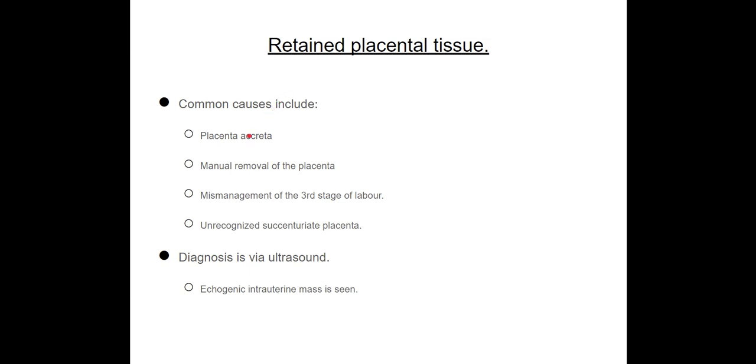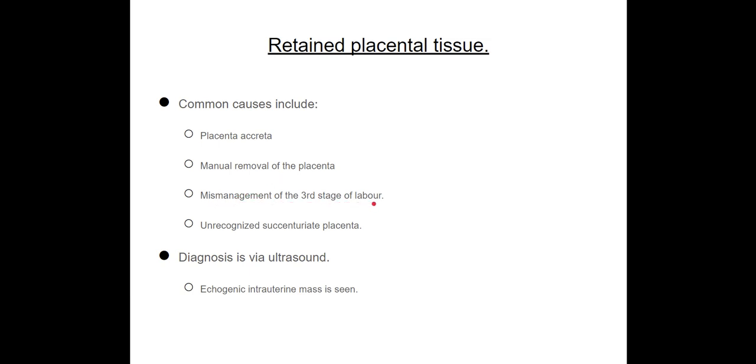Normally, the placenta is supposed to easily separate from the uterus, but once it's morbidly adherent, a form of it is called placenta accreta. Okay, so the other ones include manual removal of the placenta. It's obvious that if a patient requires manual removal of the placenta, it is already morbidly adherent.